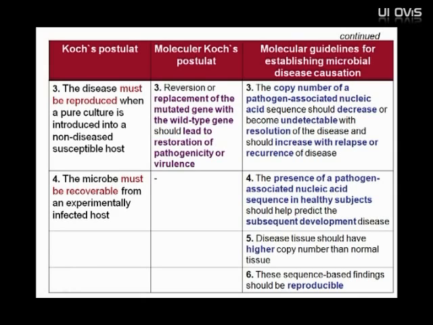And the molecular guideline for that is that the copy number of a pathogen-associated nucleic acid sequence should decrease or become undetectable with resolution of the disease and should increase with relapse or recurrence of disease.